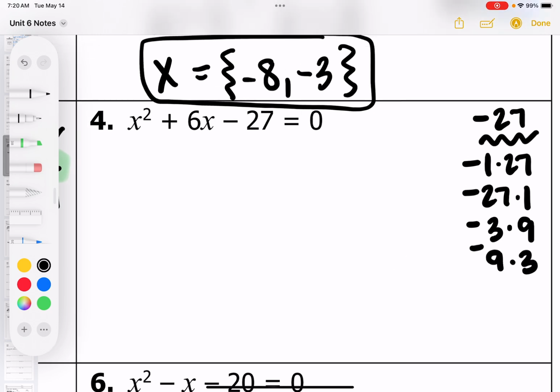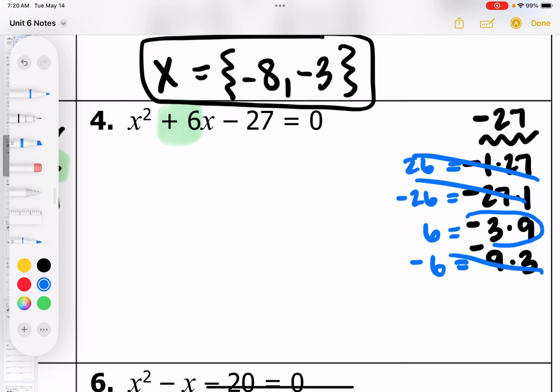All right, so from this list, we have to figure out which ones are going to add together to give me a positive 6. So the first one adds together to give me 26. This one adds together to give me negative 26. Negative 3 plus 9 is 6, and then negative 9 plus 3 is negative 6. So we want a positive 6, so we're going to be using negative 3 and positive 9.